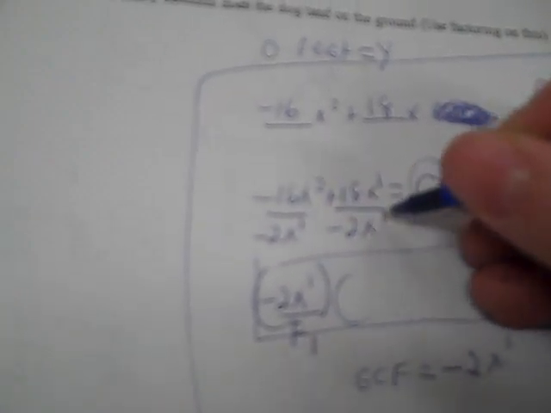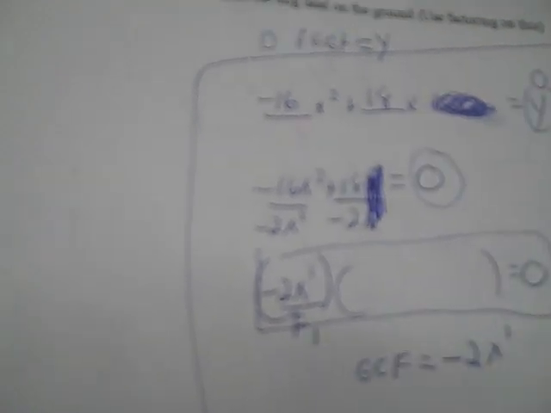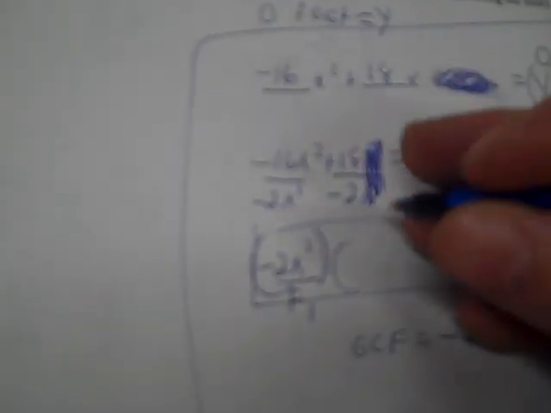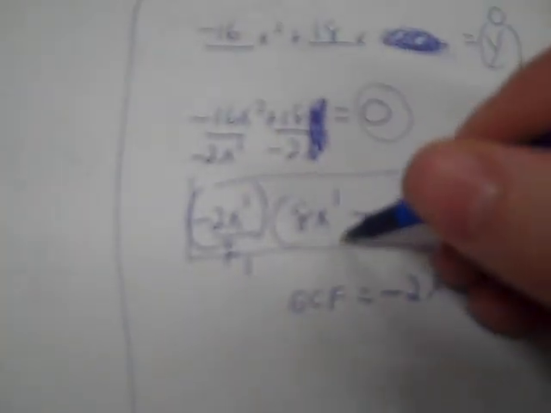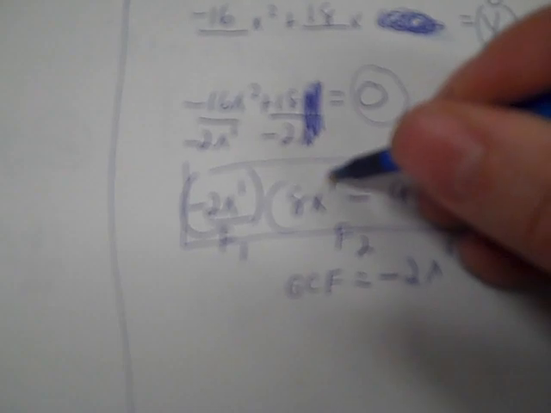These will cross out. Okay, so I take negative 16 divided by negative 2, and that's 8. And x, 2 minus 1 is 1. Then I take 18 divided by negative 2, and that's negative 9. So 9 with minus. Okay, we no longer want those 1s there, so we cross those out.